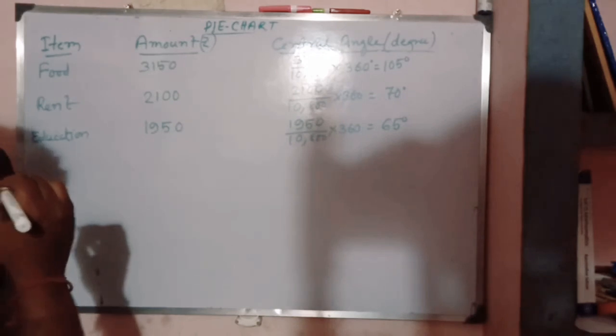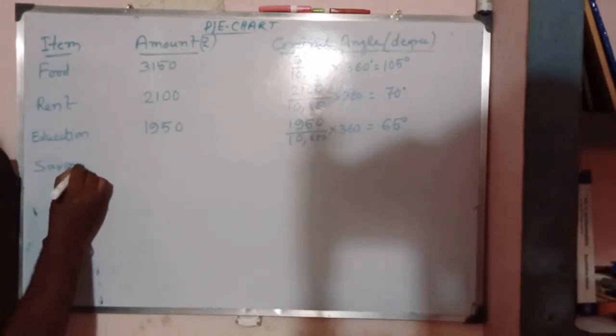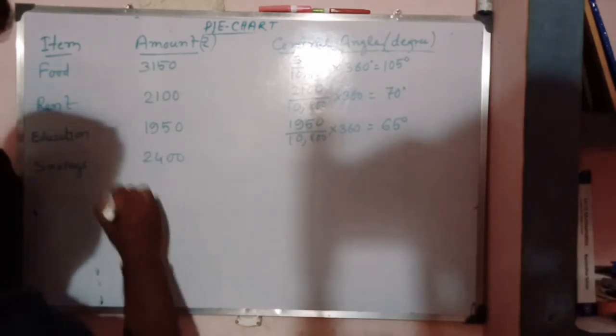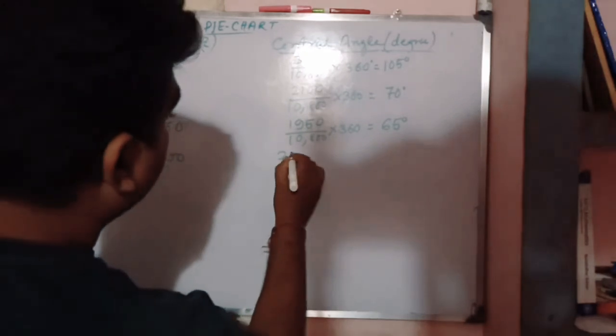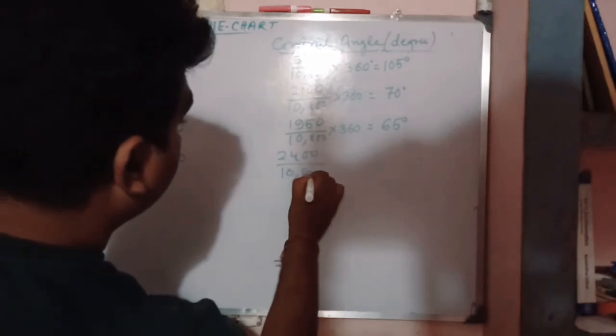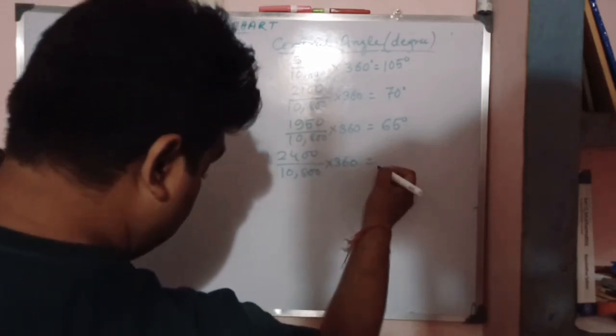Next, savings 2400. Central angle is 2400 divided by 10,800 into 360, that is 80 degree.